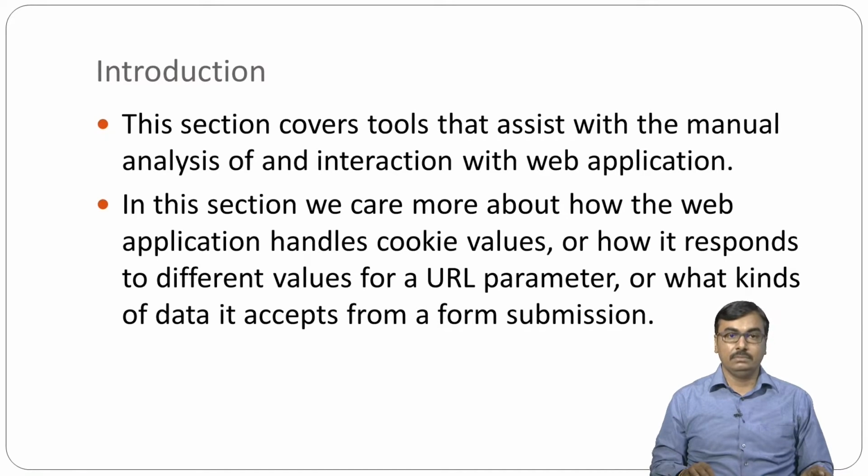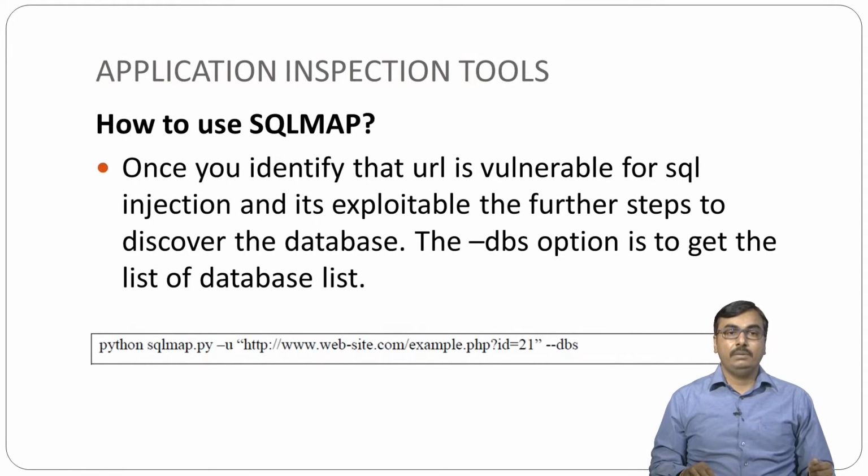In this section, we care more about how the web application handles cookie values, how it responds to different values for URL parameters, or what kind of data it accepts from a form submission.